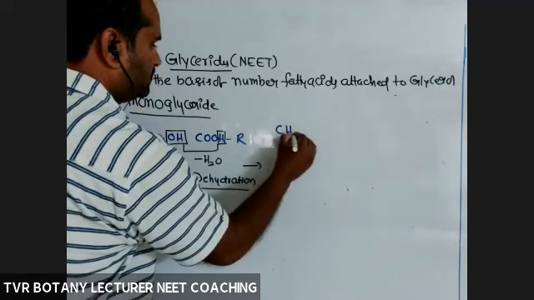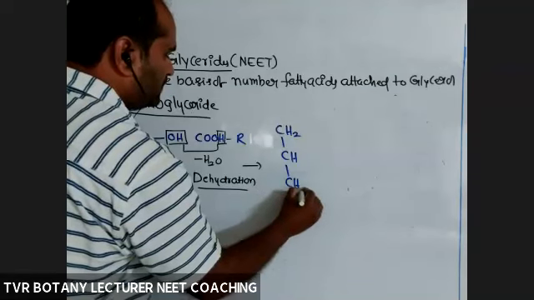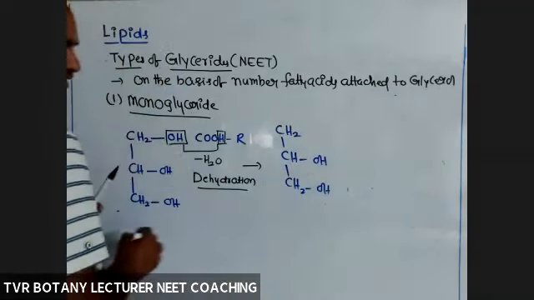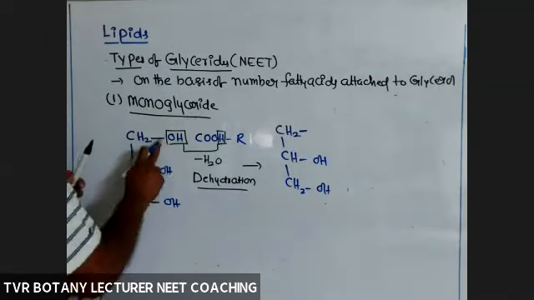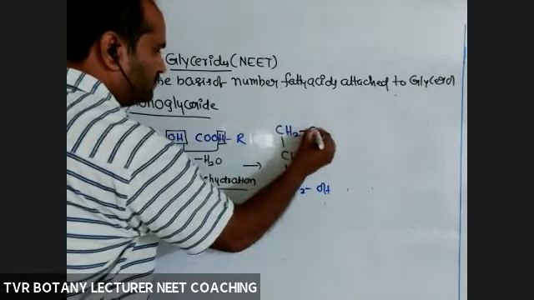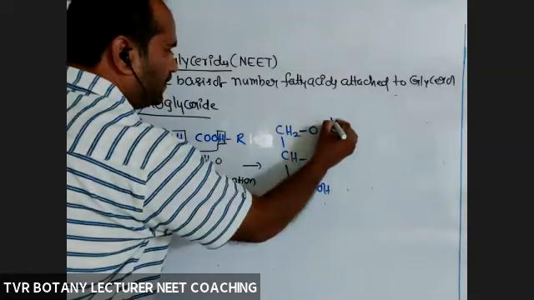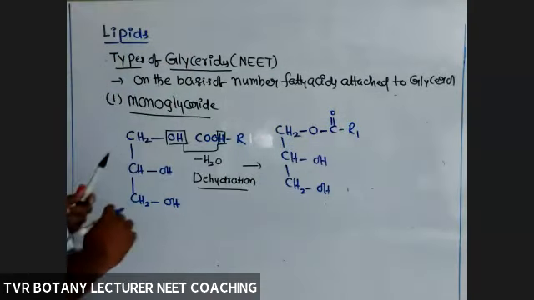So CH2 as it is, CH as it is, CH2 as it is, OH as it is. Now, what is the bond? One oxygen, bond C, double bond O, R1, fatty acid 1.